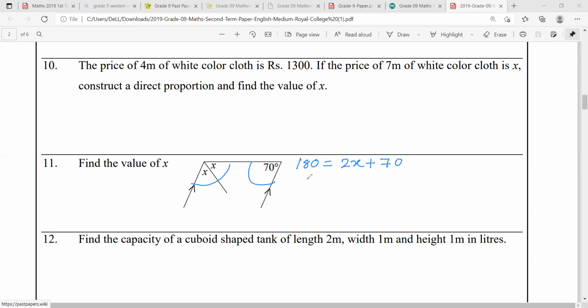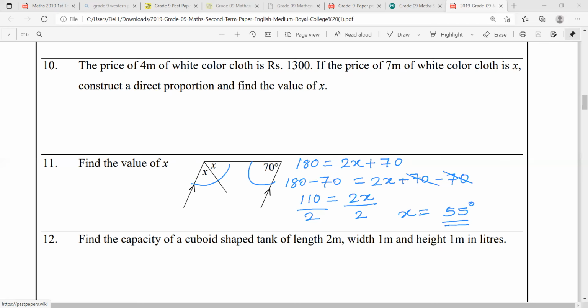You can subtract 70 from both sides, cancel this out, and you get 110 is equal to 2x. Divide both sides by 2, and you get x is equal to 55 degrees. This is how you get the answer.